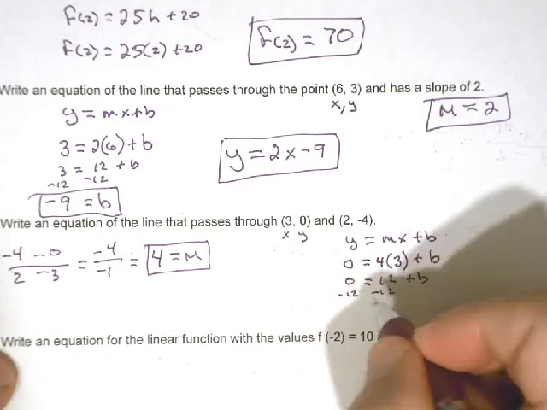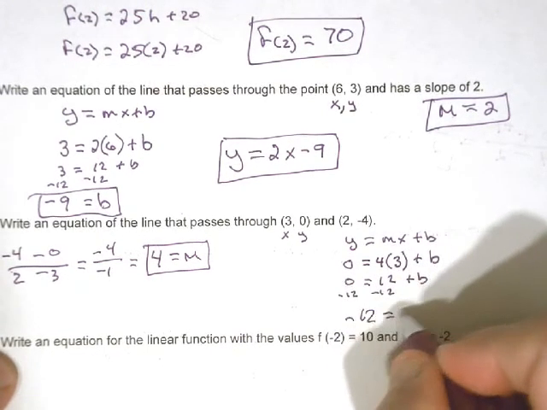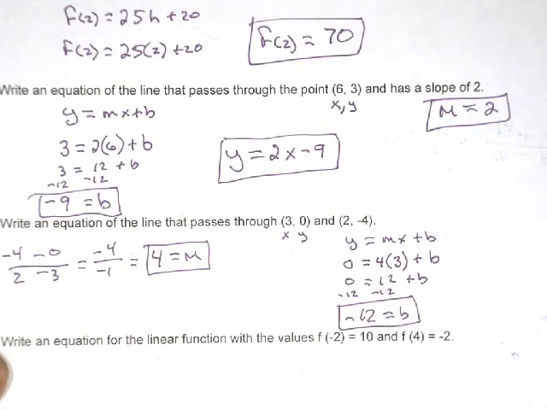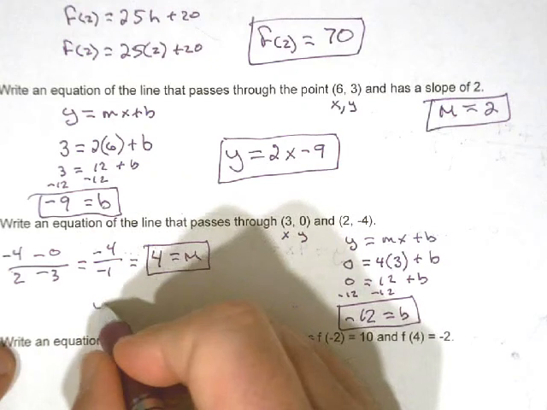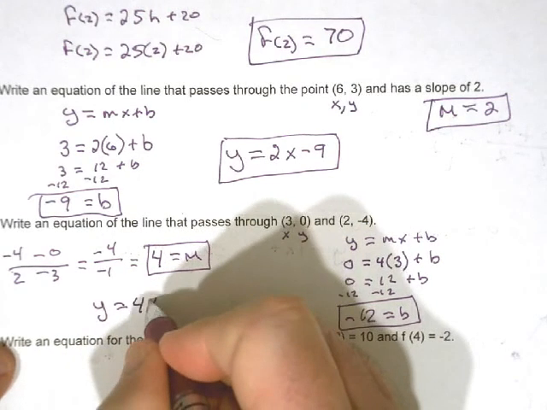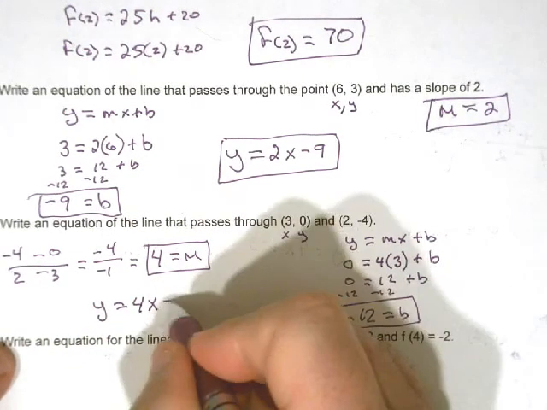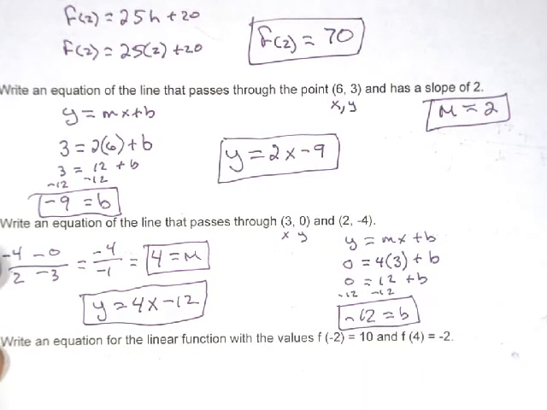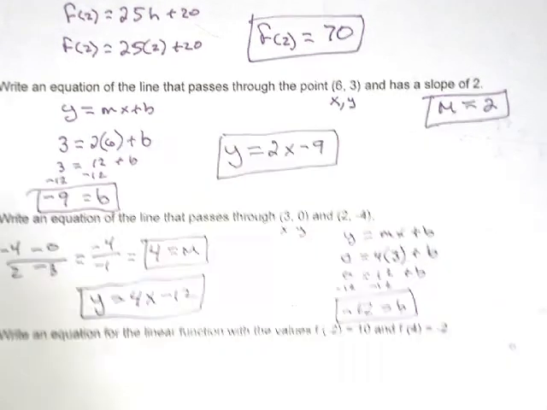Cleaning this up, 4 times 3 is 12, plus b, all that equals 0. We subtract 12 from both sides, and minus 12 equals our b. That is the second part that I need there. So now we can put it all together. y equals 4x minus 12.